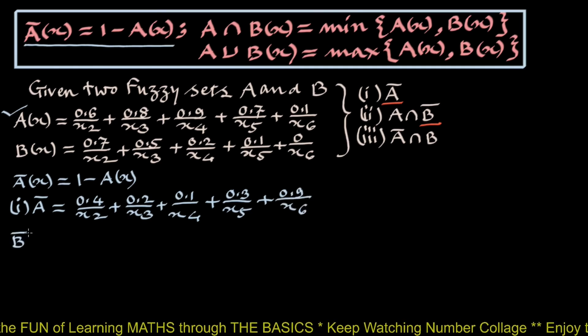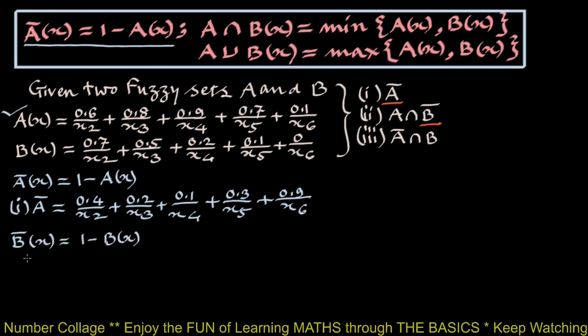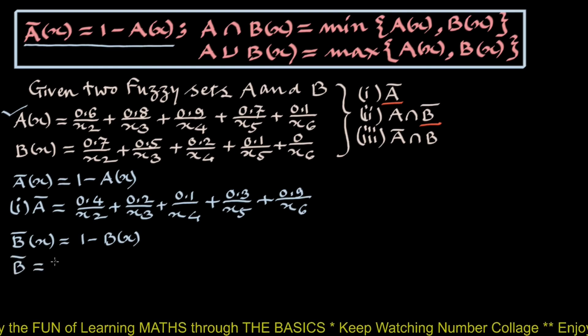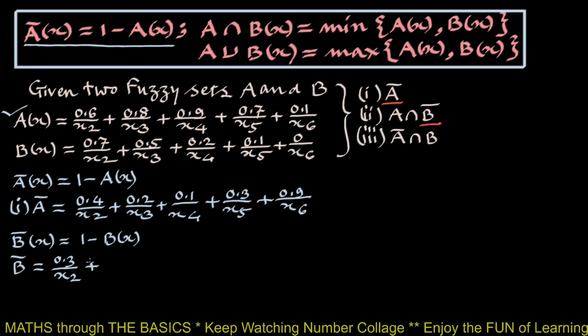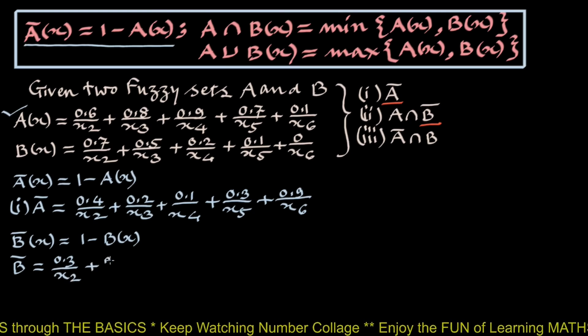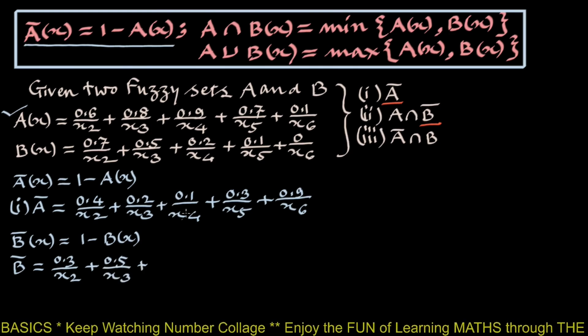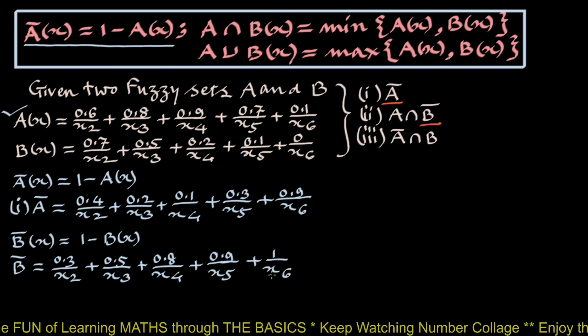Next we write B bar x, which is 1 minus B of x, from which we write B bar equals 1 minus 0.7, 0.3 upon x2 plus 1 minus 0.5, 0.5 upon x3 plus etc. plus 1 minus 0, 1 upon x6.